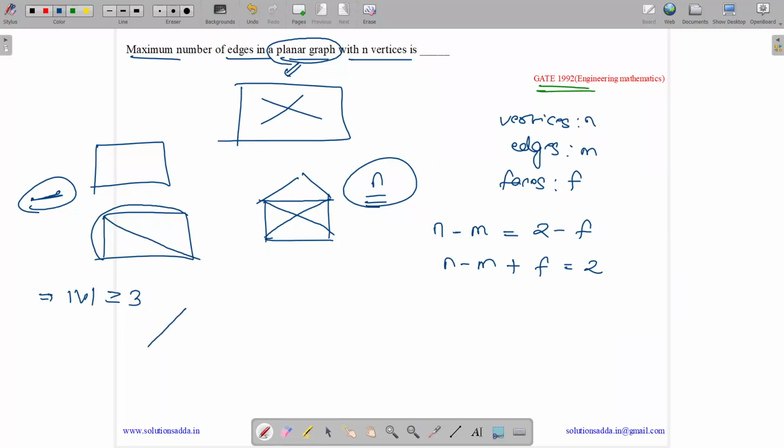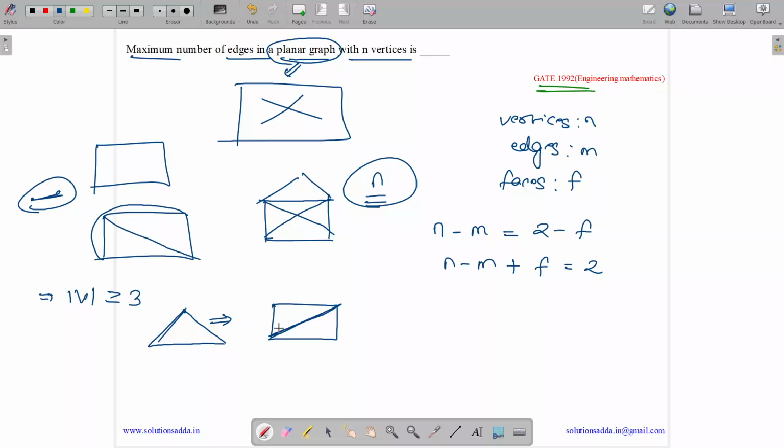If we have a triangle, then we can't have a new edge, which means every face must be a triangle. If it is not a triangle, like if it is a square or any other shape, then we can have one more extra edge. So to have the maximum number of edges, each face should be a triangle. Else we can divide each face with an edge to get a triangle.